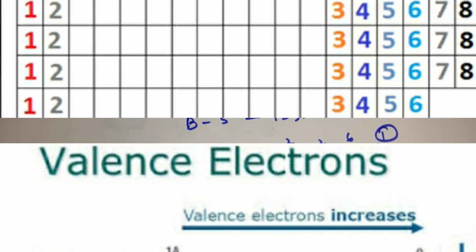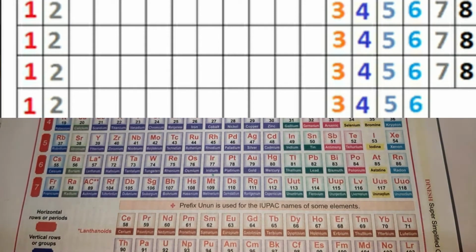Therefore, the effective nuclear charge increases, causing the valence electrons to be pulled inward. So you can see there is an increase in the valence electrons from left to right.